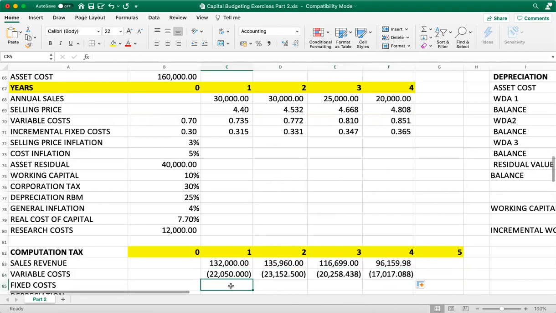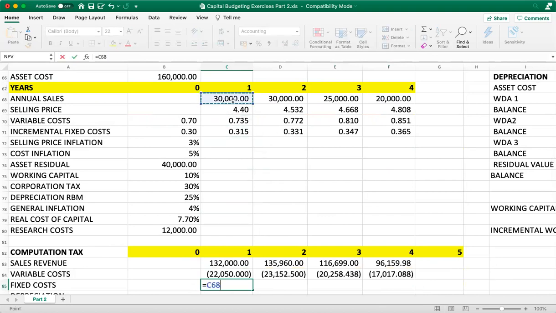Next, I come to fixed costs. So I say equals 30,000, put a $ sign on 30,000, multiply by negative the incremental fixed costs. Why have I fixed the 30,000 for year one?